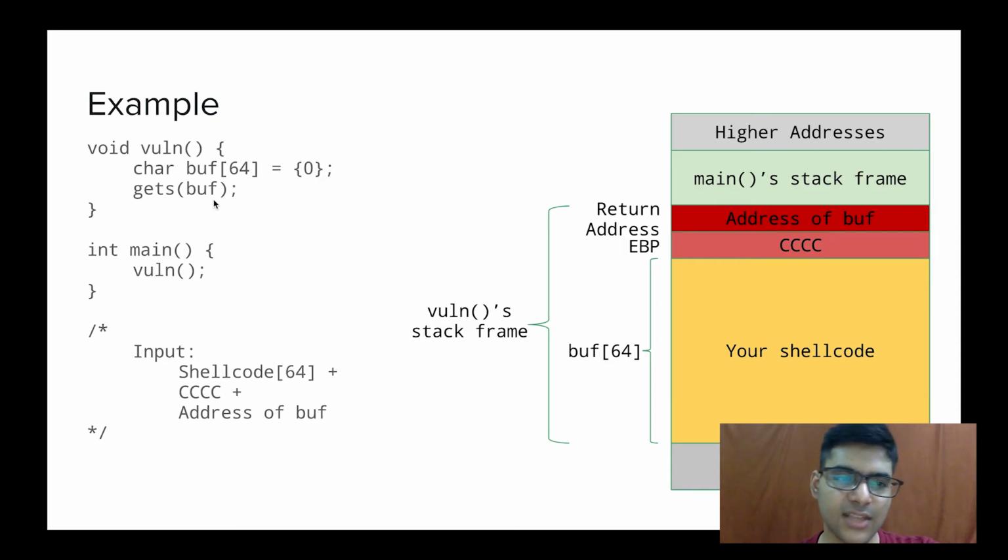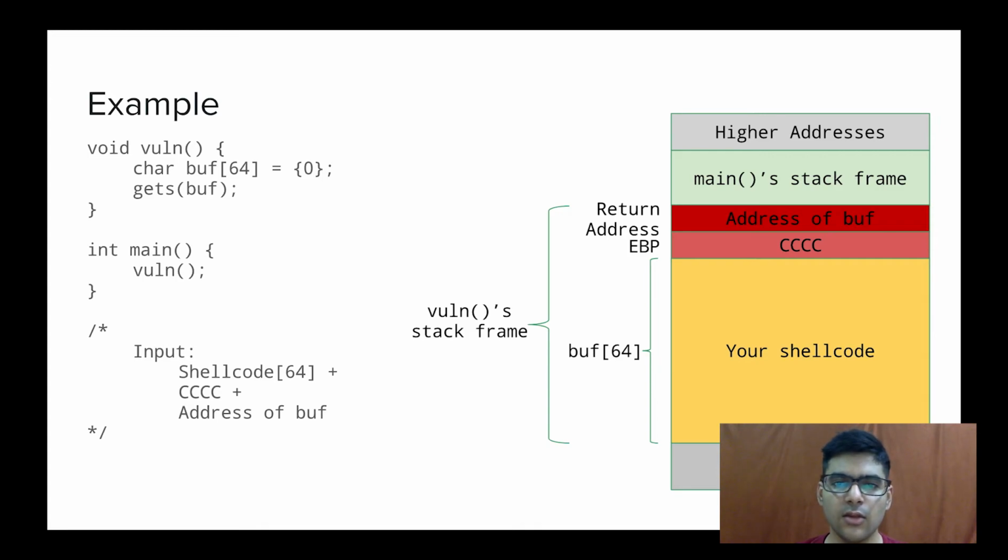This is a simple example. Main is calling the vulnerable function. It just has one buffer, and then it's doing gets on the buffer. As you know, the problem with gets is it doesn't really check how many bytes the user is entering. So even though the maximum is 64 bytes, it doesn't limit you.